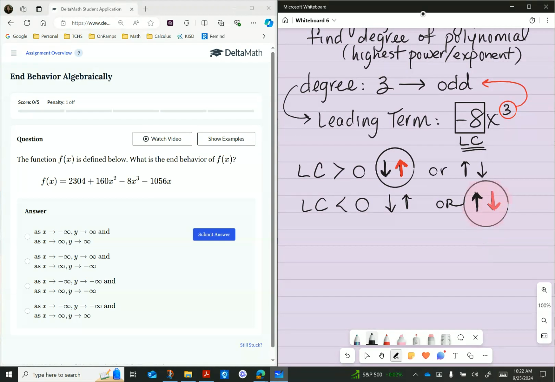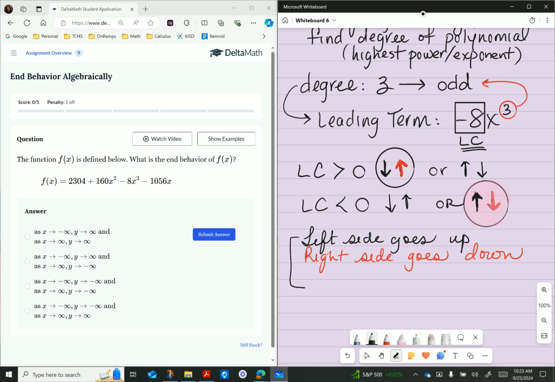So, in a sentence, the left side goes up, and describing the red arrow, the right side goes down. Let's convert that to math writing. As far as the black arrow, the left side goes up.